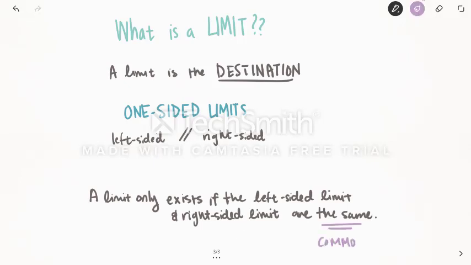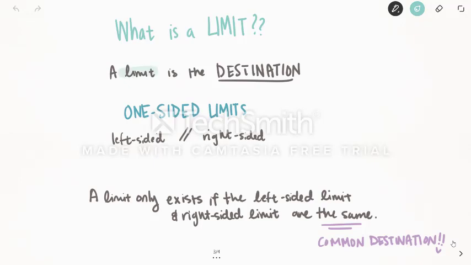Basically, the roads should be connected. Now we're going to look at notation for this right now so that we can start communicating this in math versus just saying, where does it look like h is going to as x gets closer to whatever, right? That was a lot longer, long-winded, wordier. We want to cut that down.